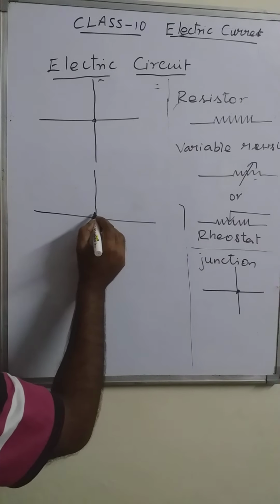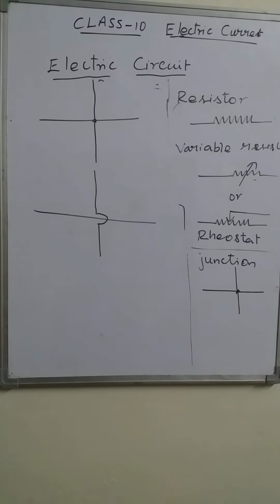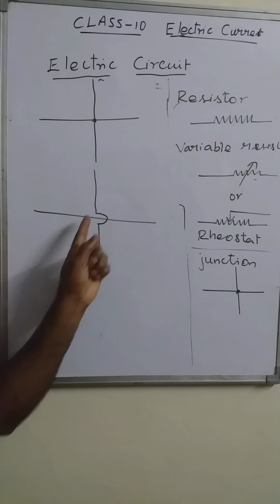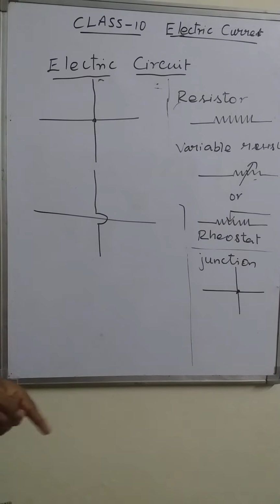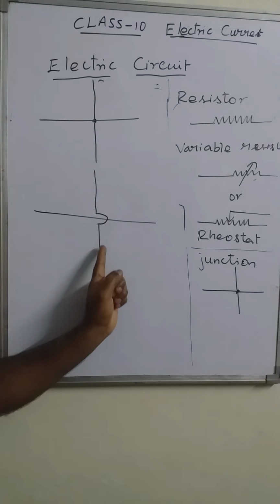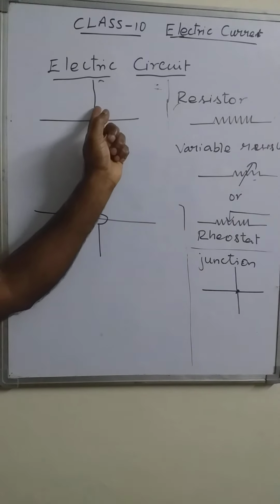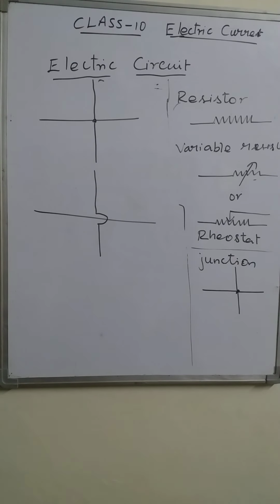Without joint means it should be shown like this. That means this wire is crossing without any joint. It may go over the upper side or the lower side of the first wire. Both these are crossing with joint and without joint. This is also a symbol in electricity.